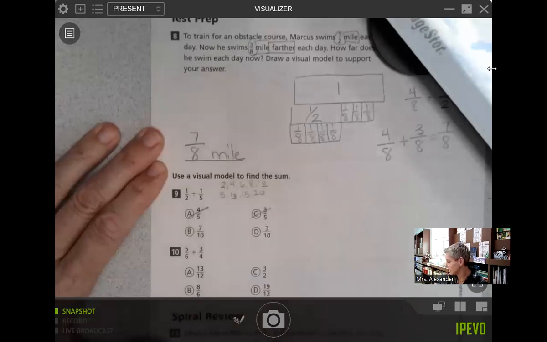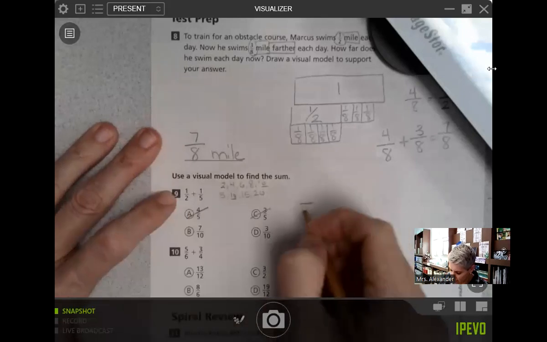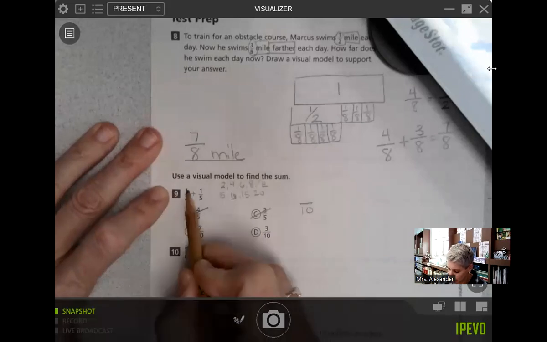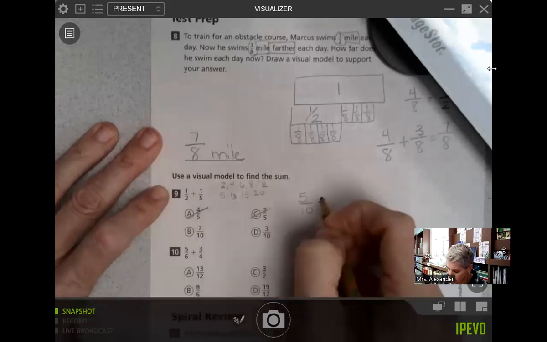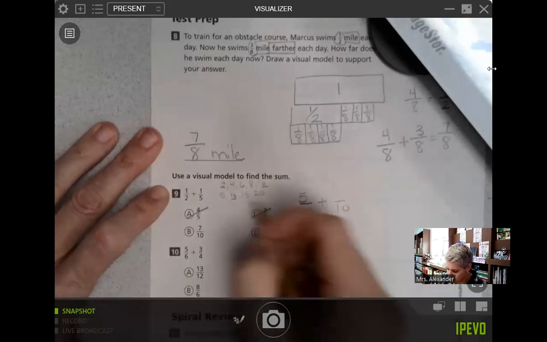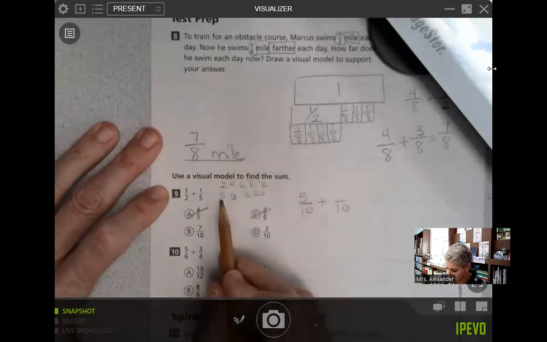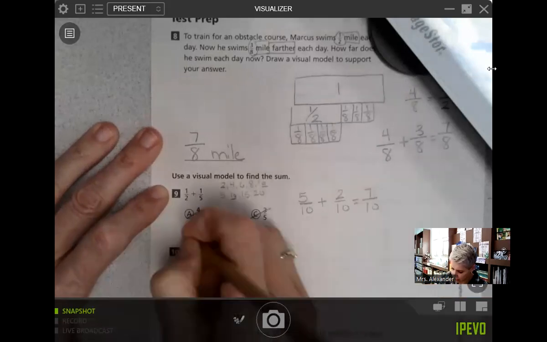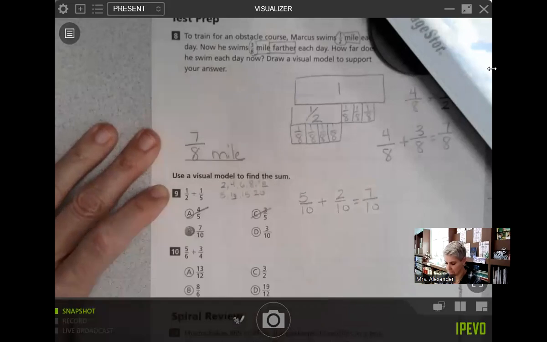I can already get rid of A and C. 1/2, if I change that to tenths, 2 times 5 is 10, 1 times 5 is 5. And if I change 1/5 to tenths, 5 times 2 is 10, 1 times 2 is 2. So hopefully we have an answer B of 7/10.